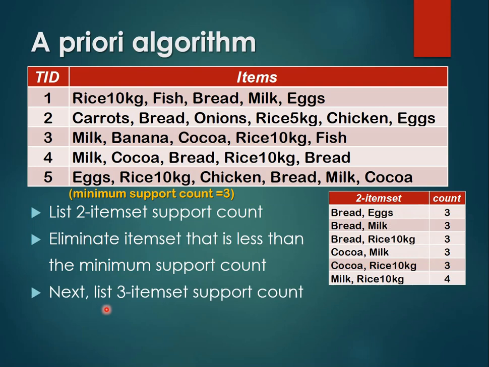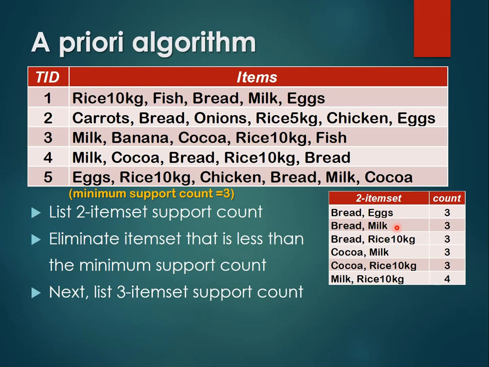Next, we are going to list 3-item sets and their corresponding support count from this list of 2-item sets. How do we find the 3-item set? So let's look at the first 2 on the list. We have bread, eggs, and bread, milk.